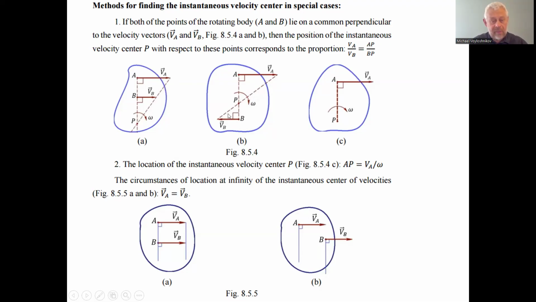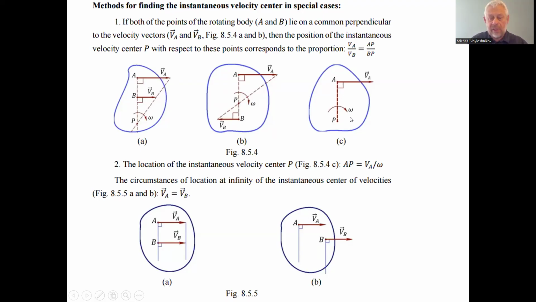The same we have here, but the point P, the instantaneous center of the velocities, is located outside the segment AB in this different case. Here, P is in between A and B, inside the segment AB. And perhaps we don't have the second point, but we have the angular velocity.